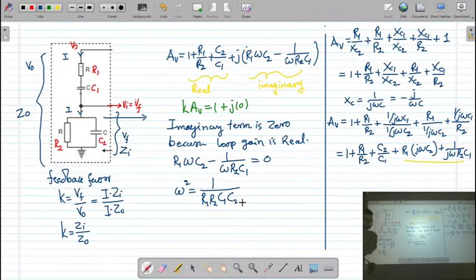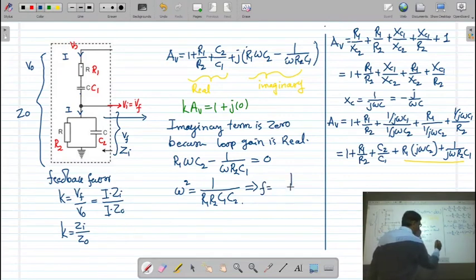Remember, this is a general expression. If R1 and R2 are different and C1 and C2 are different, then the frequency of oscillation is equal to 1 upon 2 pi under root of R1 R2 C1 C2.